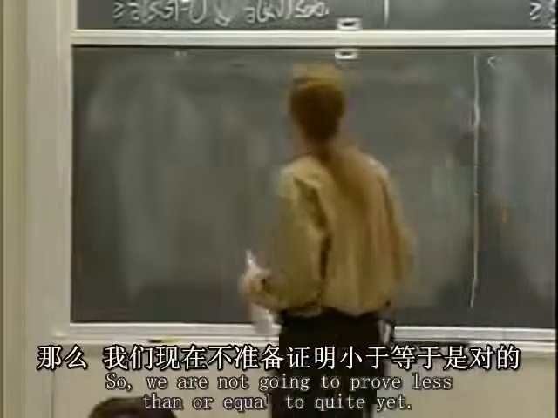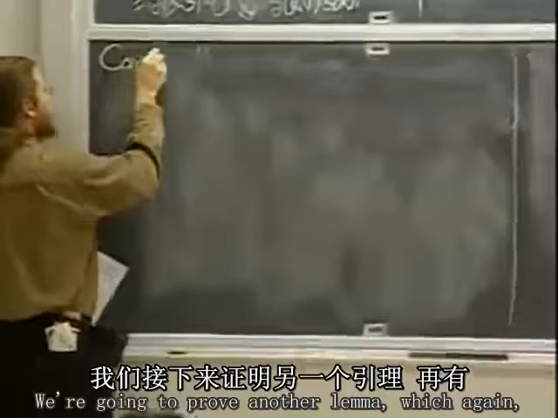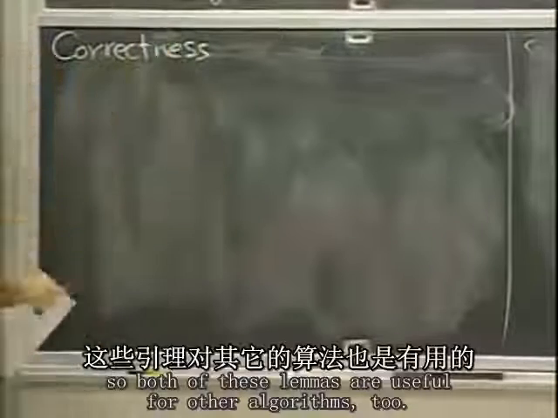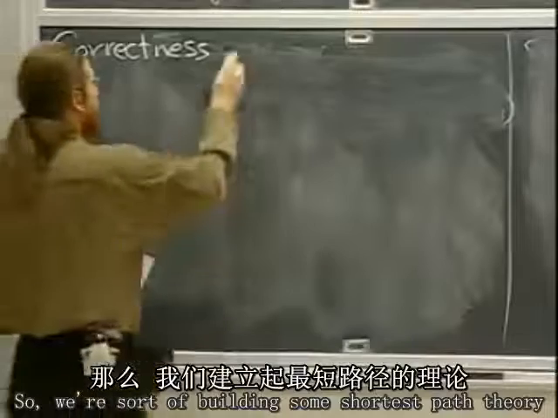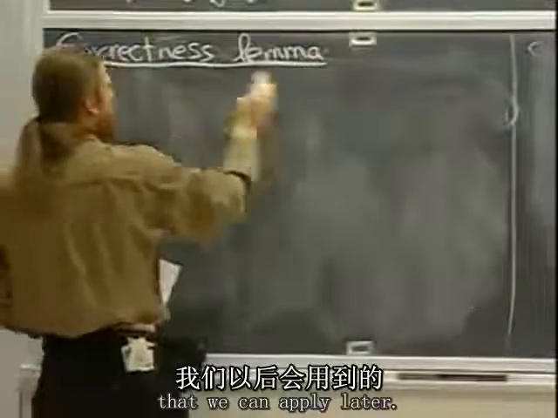So we're not going to prove less than or equal to quite yet. I'm going to prove another lemma. Both of these lemmas are useful for other algorithms too, so we're building some shortest path theory that we can apply later.